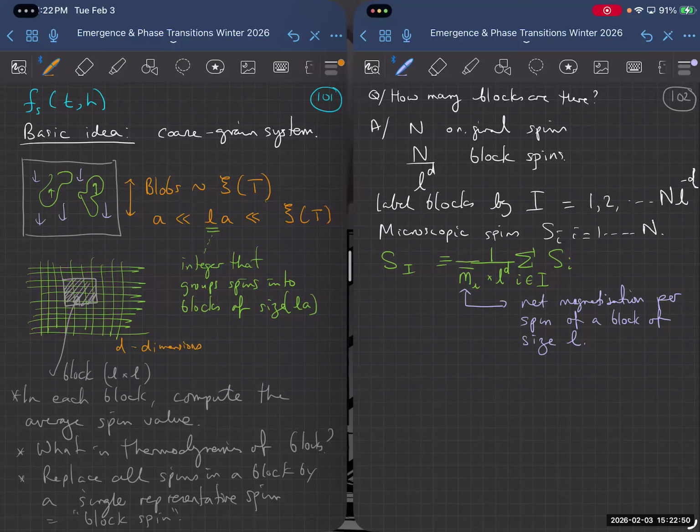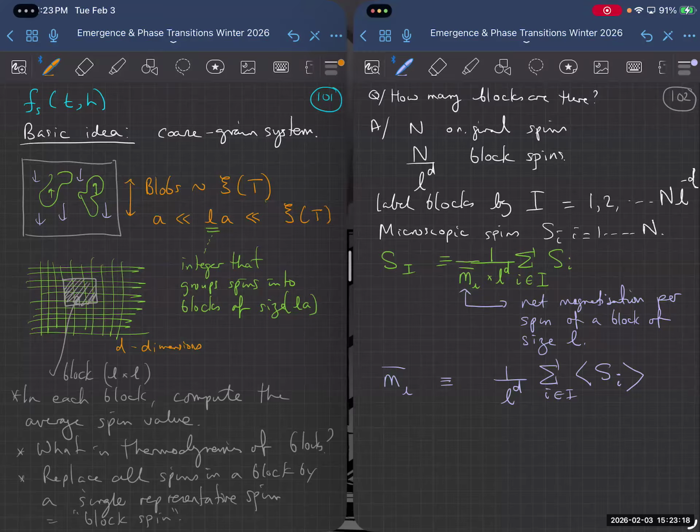The way that we're doing it is going to guarantee eventually that S_I behaves kind of like an Ising spin itself. So m_L is going to be 1 over L to the d times the sum of the spins in the block, and then times the expectation value of s_i. That's what it means, and that's why we say it's the average magnetization.